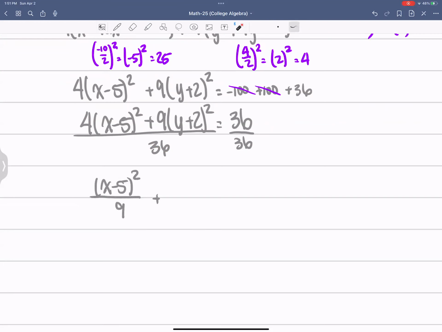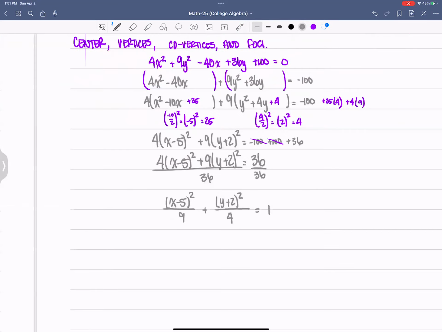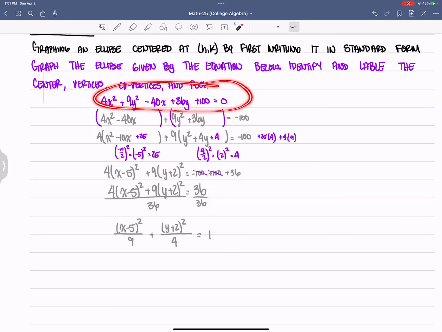Plus, 9 divides out with 36 4 times, so we have (y plus 2) squared over 4. And the best one, 36 divides out with 36 one time, so we're just left with 1. Now, from that really ugly equation we started off with, we have it in standard form. So we can now find the center, the vertices, the co-vertices, and also the foci.